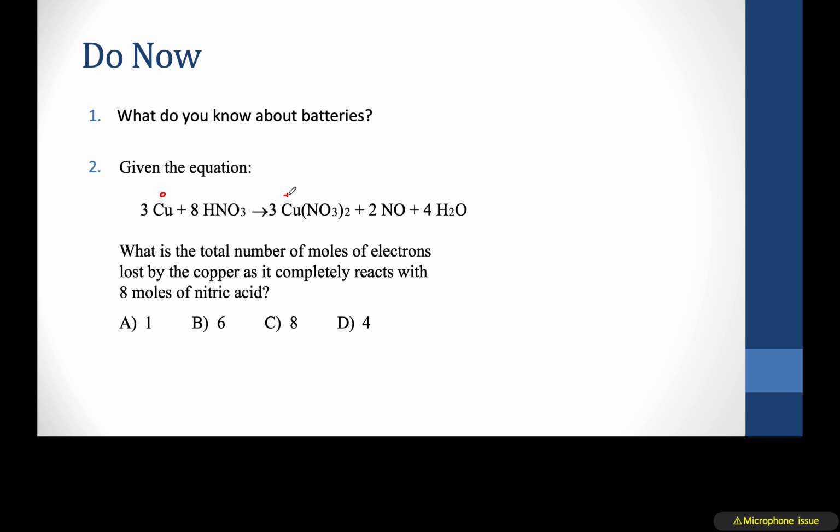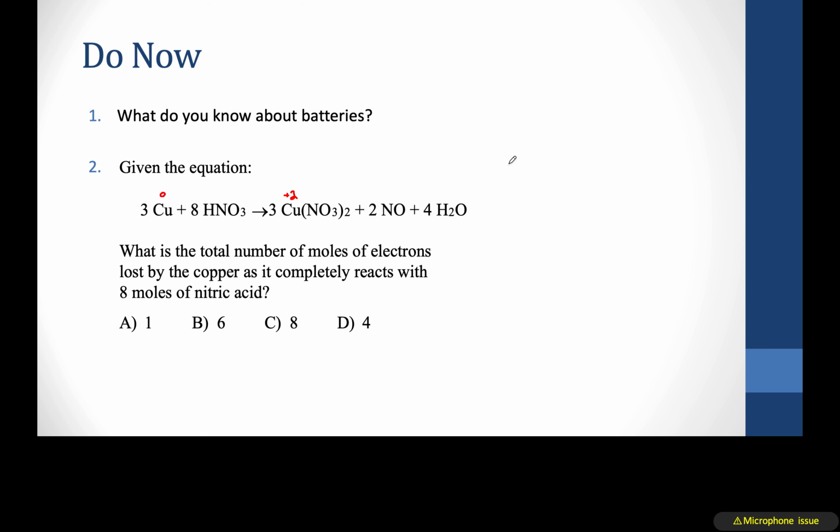So the oxidation state is +2. So each copper atom loses 2 moles of electrons. But there are 3 moles of copper atoms. So each mole of copper loses 2 moles because it goes from 0 to 2+.